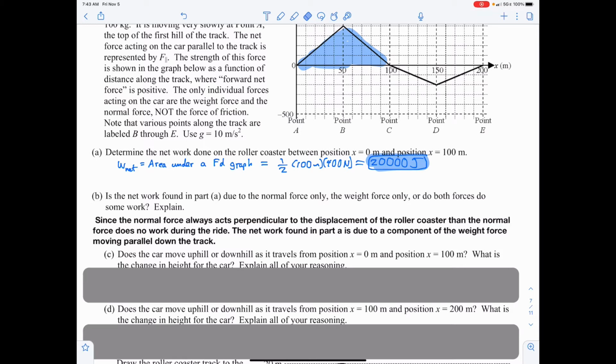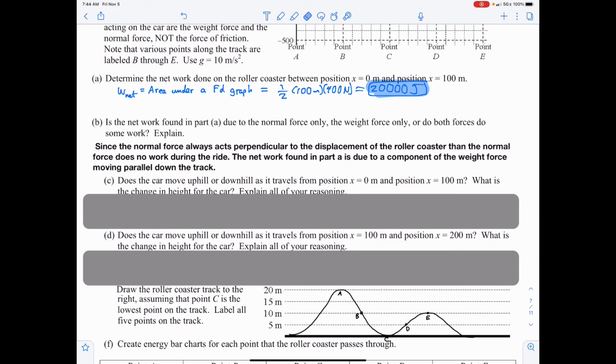The net work in Part A is due to a component of the weight moving parallel to the track. In other words, if you remember work with inclined planes, and you have components of the weight, the component that is mg sine theta that points downhill, that is the parallel component of force that's actually doing work.